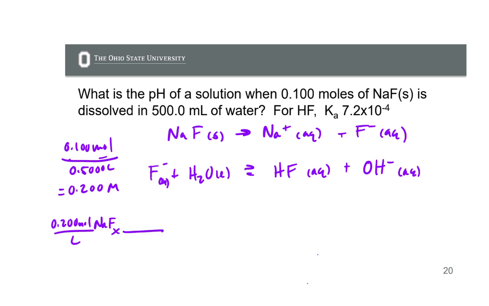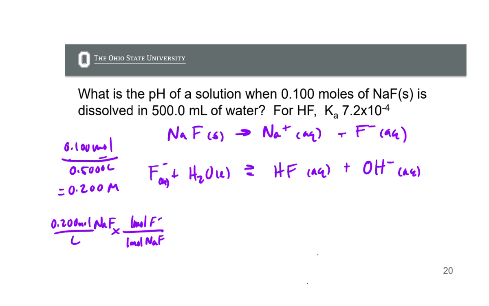We know, based on the formula, that for every 1 mole of NaF, you get 1 mole of F minus. Okay, this is me being incredibly detailed in my work. I don't know that I would necessarily expect you to do that, but pay attention to the formula, okay? Because we may see there's 2 sodium here, that kind of thing.